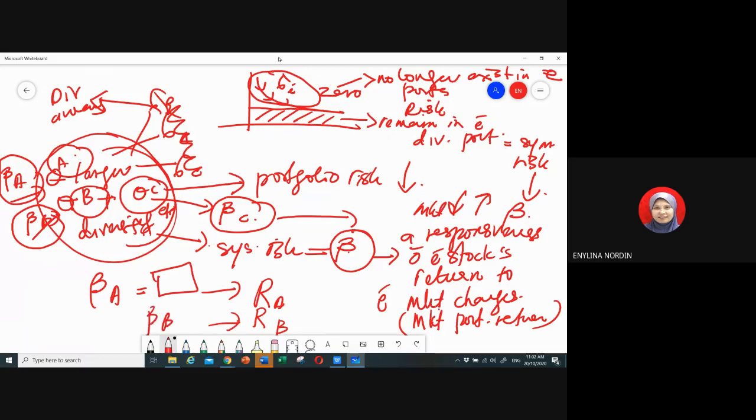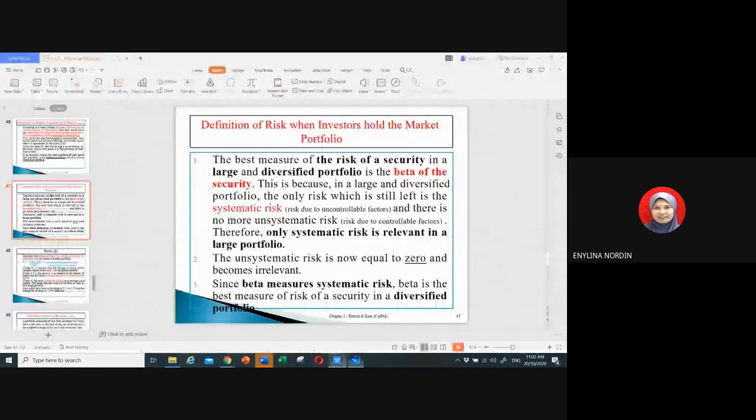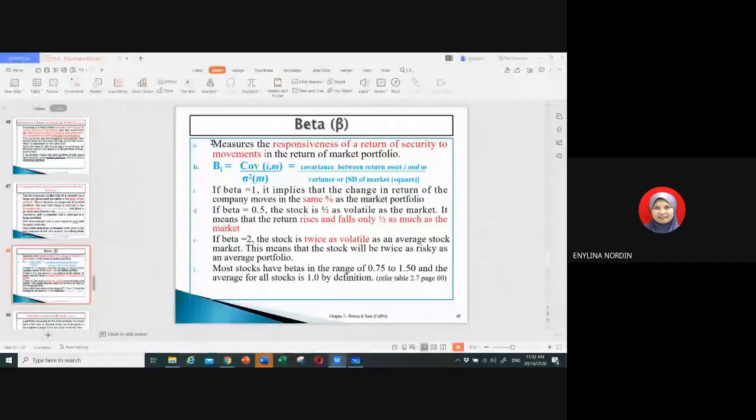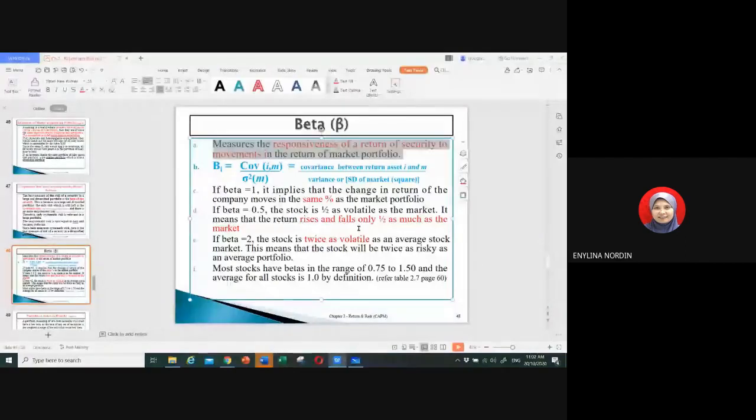Okay, so go back to the slide. Here, what's the meaning of beta? Beta means responsiveness. It measures the responsiveness of the returns of one stock, or any stock in a diversified portfolio, to the movement in the returns of the market portfolio.